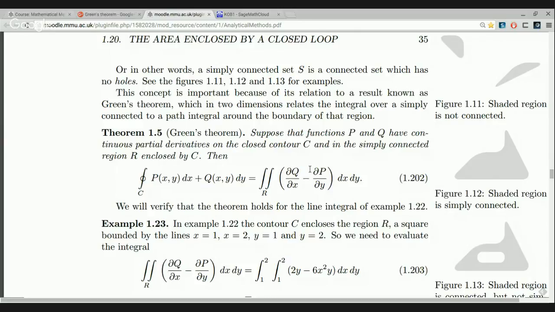So we observe that we can approximate the region R using small rectangles. And we know Green's theorem is true over any one of these small rectangles.